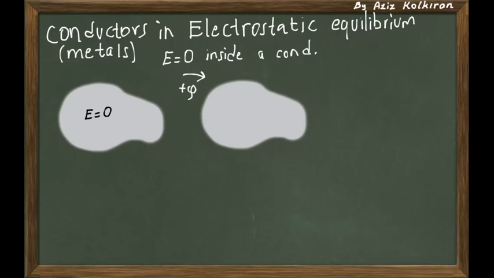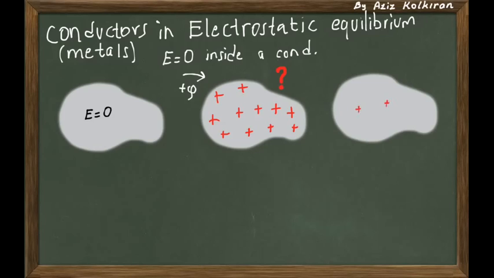And what happens if we charge a conductor, if we put extra charges? If we put extra plus charges, where do these charges go? Do they distribute themselves everywhere uniformly inside the conductor, or do they go somewhere else? So imagine these extra charges, take two of these extra charges inside a conductor.